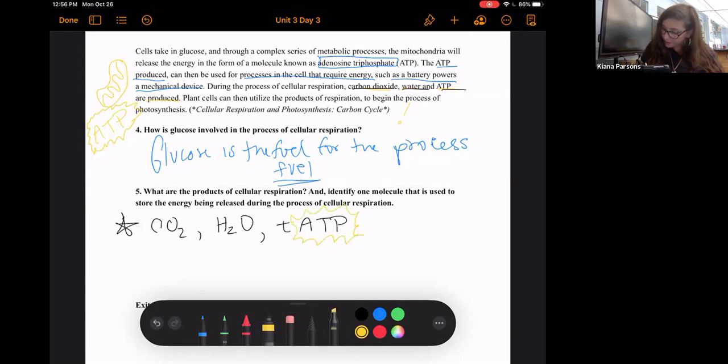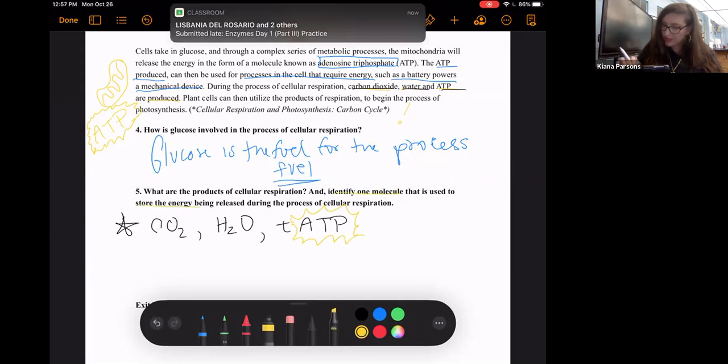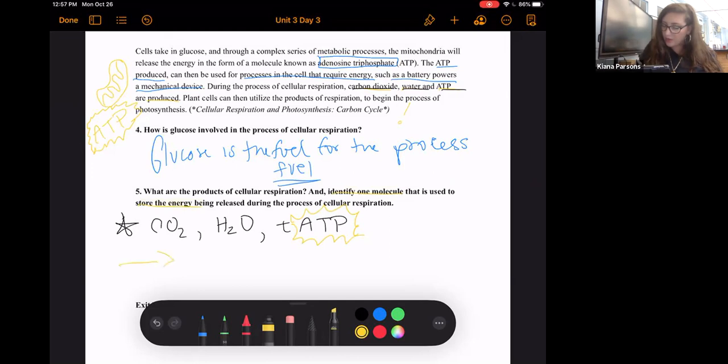So the second part of the question says one molecule that is used to store the energy. That one molecule is ATP. It is where energy is stored. And we're going to go more in depth into this in our next day of notes.